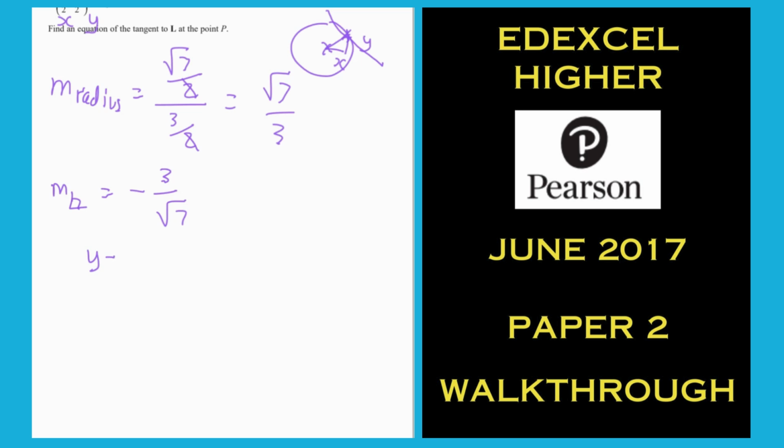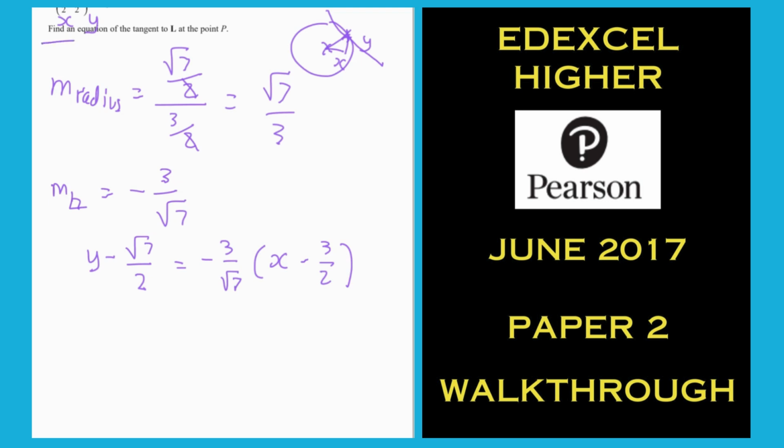So y minus the y coordinate equals the weird gradient into the x coordinate. What is it? 3 over 2. Now here's the thing. I've read the mark scheme. You can leave it like that.